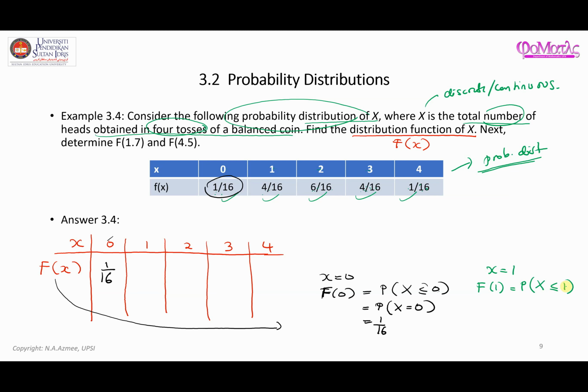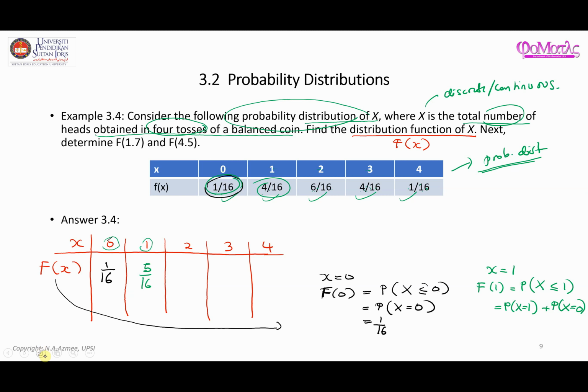So less than or equal to 1 means we are considering the value of 1 and also the value less than that, which is 0. Therefore, this is the same as adding up probability x equals 1 plus probability x equals 0. Adding these two values up, we get 5 over 16.